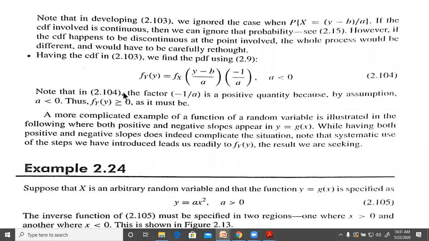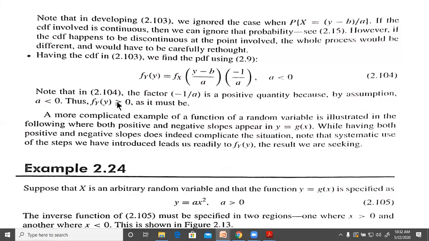You can't have the probability be negative. So note that in 2.104, the factor minus 1 by a is a positive quantity, because by assumption a is less than 0. Because a is negative, we should have minus 1 by a, because that will make it positive, since the probability cannot be negative.